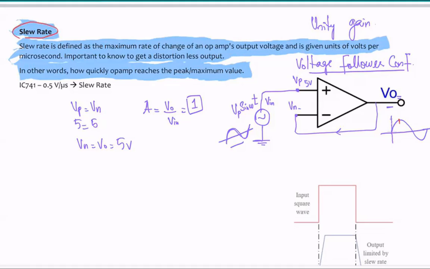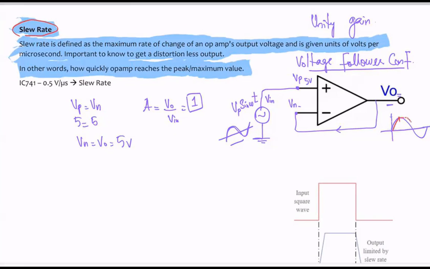So it's not going to be exactly like this. There is going to be some kind of delay: it's going to go like this, go like this, and there's a delay here, and then it's going to go like this, and there's going to be a delay here. There's going to be an offset. It's not going to be superimposing the input signal. That's what we refer to as a slew rate.